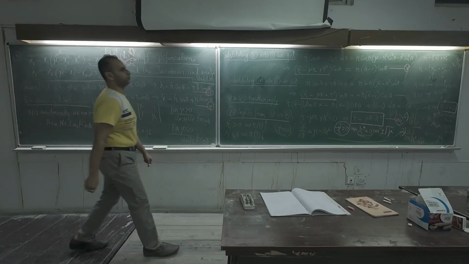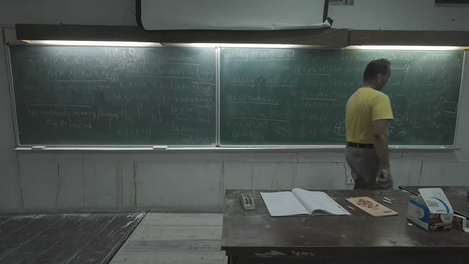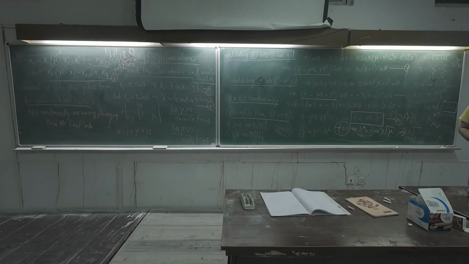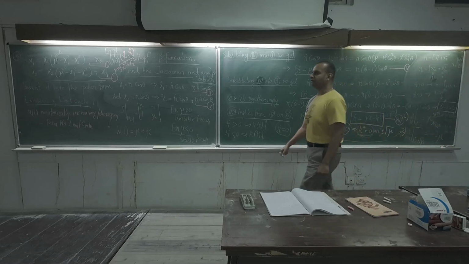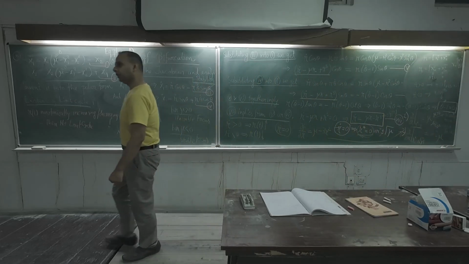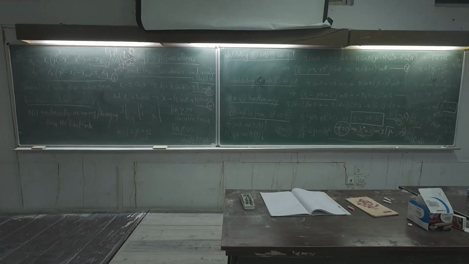Now finally we will draw the bifurcation diagram. Can anybody tell me, in the r theta coordinate, and of course mu as the independent variable, what would be the shape of the bifurcation?